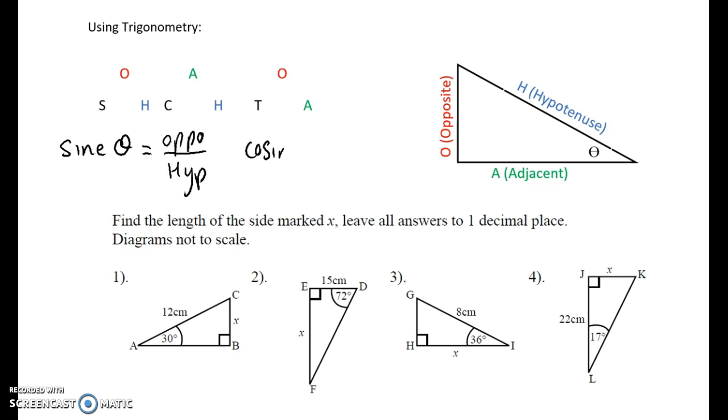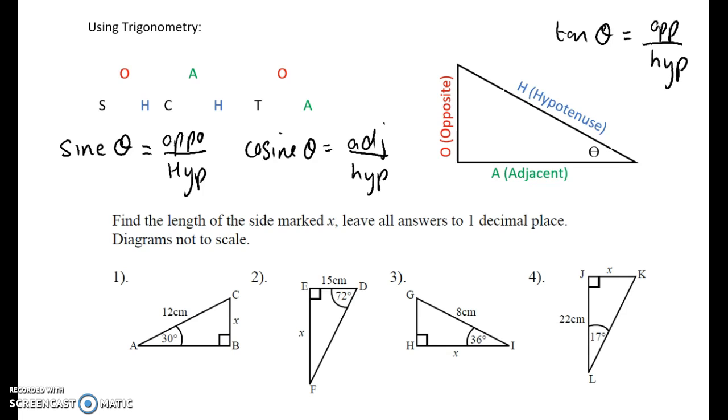Cos or cosine of the angle is equal to the adjacent divided by the hypotenuse, and tangent of the angle is equal to the opposite divided by the adjacent. So you just need to remember the initials, and hopefully you'll remember those words.